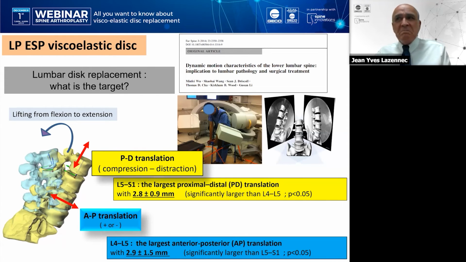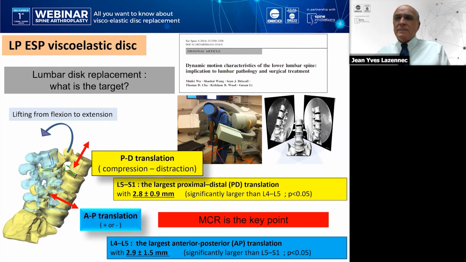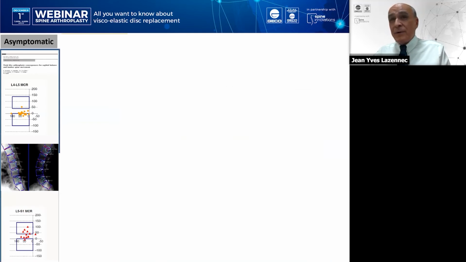Okay, you can say to me, it's theory. What about your true life with your implants? I shall answer, mean center of rotation is a key point. I want to share with you this publication of Tournier looking at the mean center of rotation, the cloud of mean center of rotation for L4, L5 and L5S1 levels.